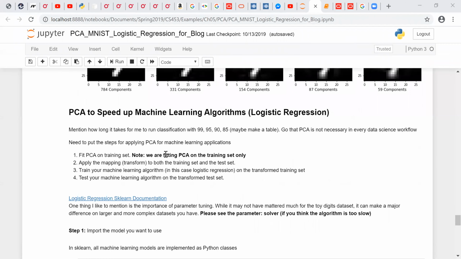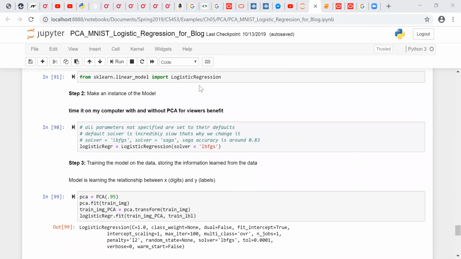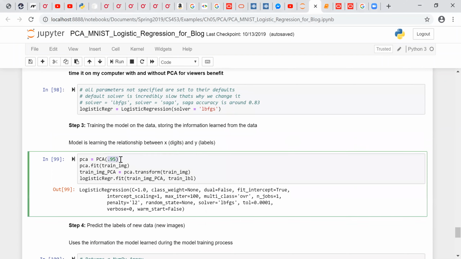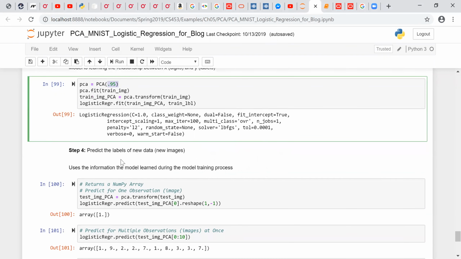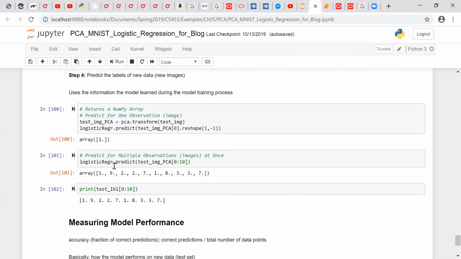With PCA, after you apply it, you can do logistic regression to do classification, okay? So we are going to apply logistic regression. We first do the 95% threshold, and then it gives us some predictions of the data, the original one and the testing one.